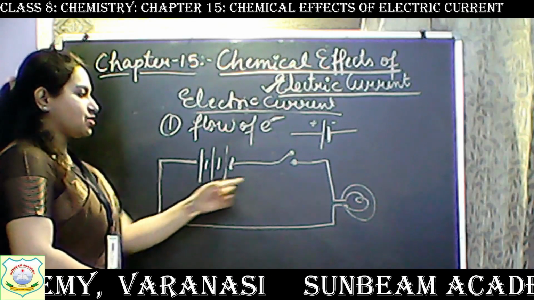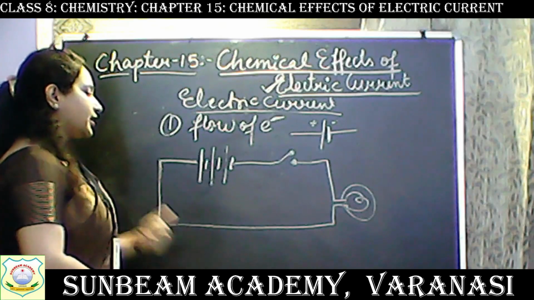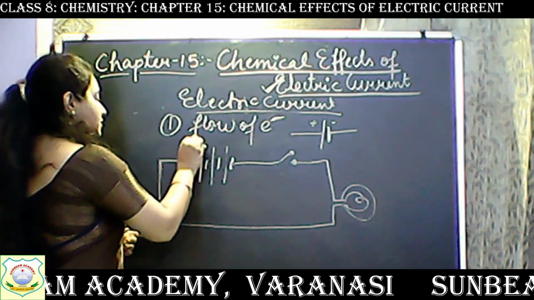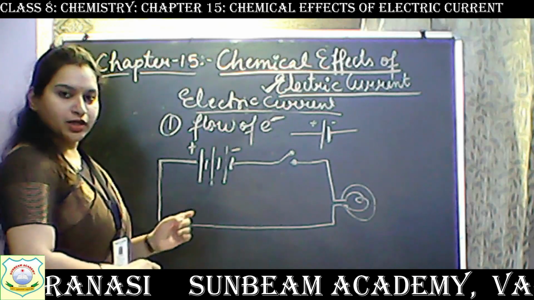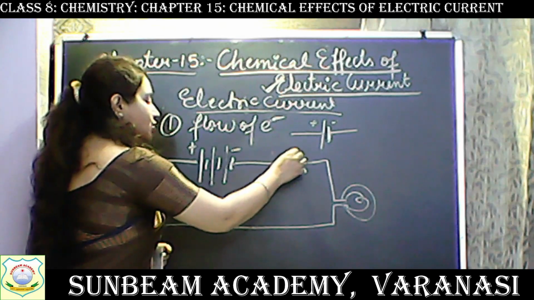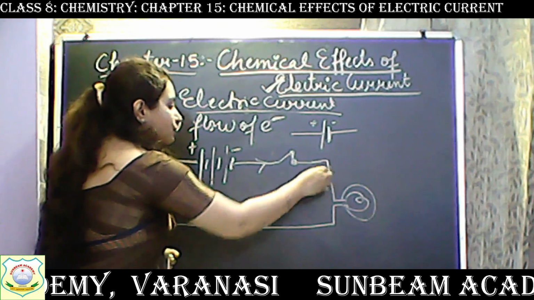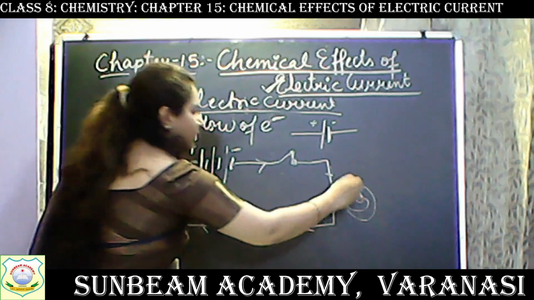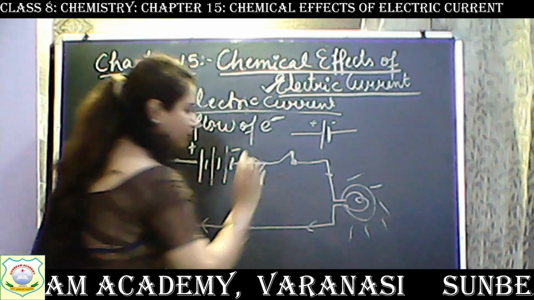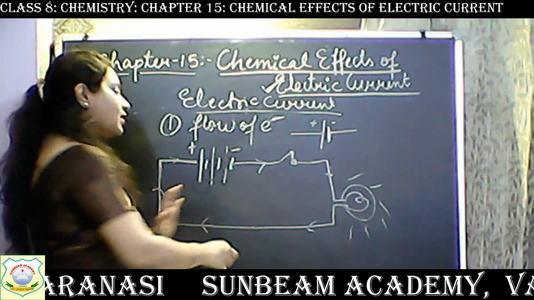So we have a battery, a switch, a bulb and a connecting wire. So now we have this positive terminal and a negative terminal. Now we switch on and then what will happen? The current will flow, and as the current flows then the bulb will glow. Alright, so this is the complete circuit. और इसी में क्या होगा?